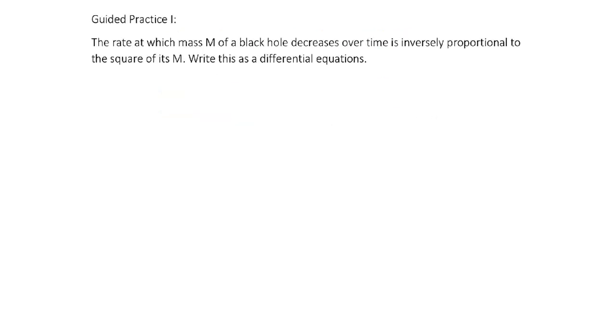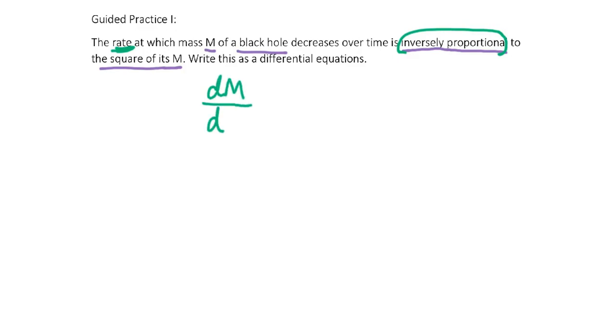Go to guided practice 1. The rate at which mass m of a black hole decreases over time is inversely proportional to the square of its mass m. Write this as a differential equation. According to the information, the rate means differential equation, so we get dm over dt.